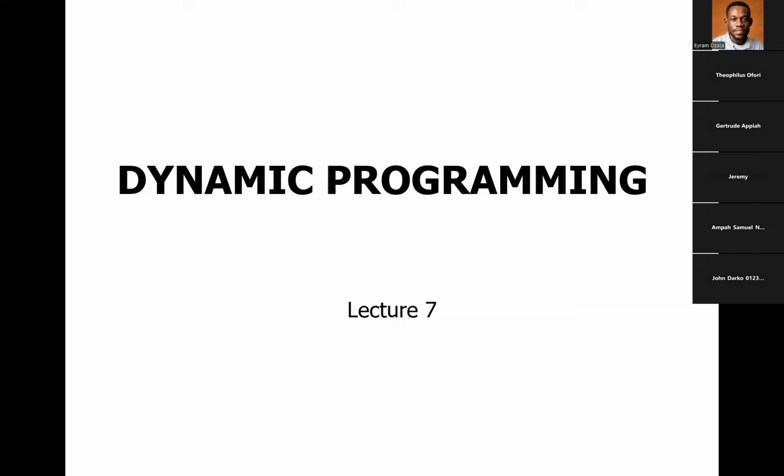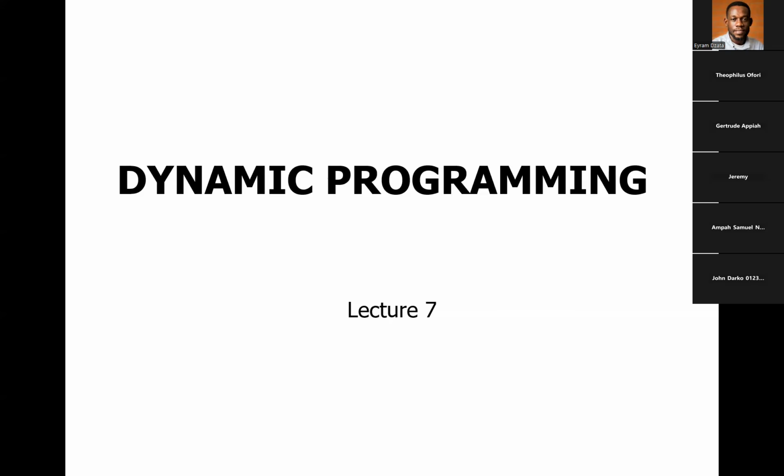Okay. So today we want to look at dynamic programming, also known as DP. So you hear people in the field of programming saying DP, which basically means dynamic programming. Now, it's a very key concept in data structures and algorithms.